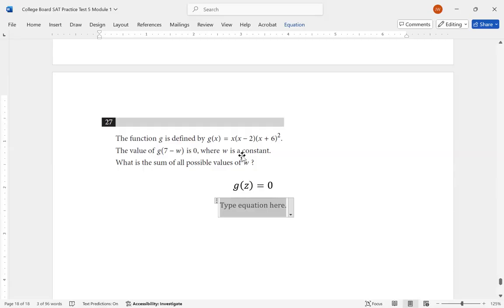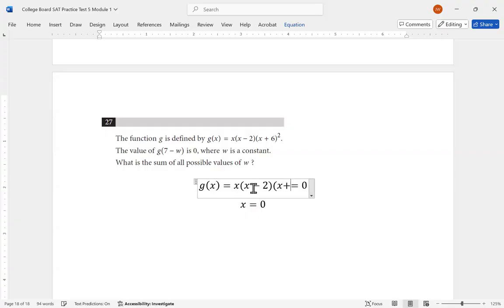So they happen when g of x is 0. We're asking, when is g of x equal to 0? So when is x times x minus 2 times x plus 6 quantity squared equal to 0?